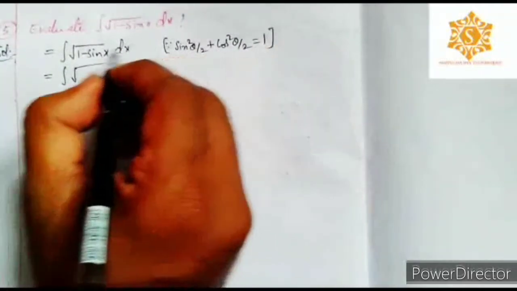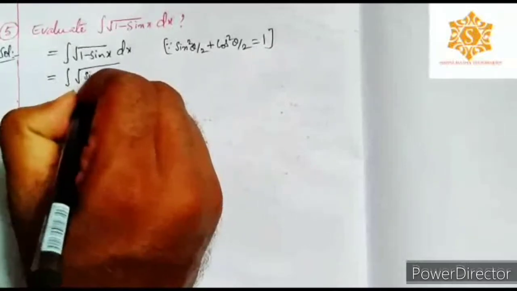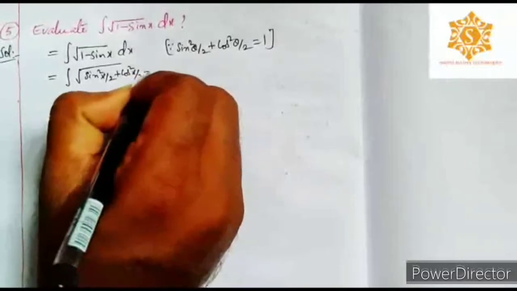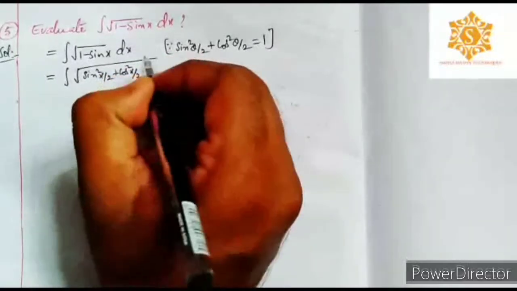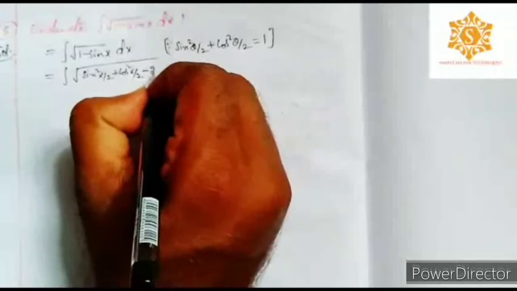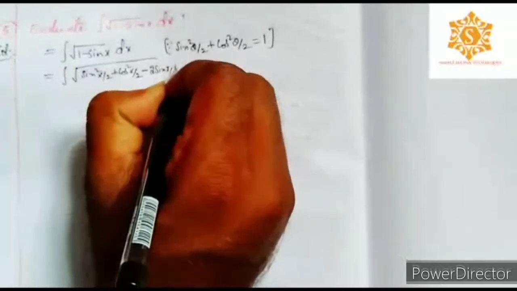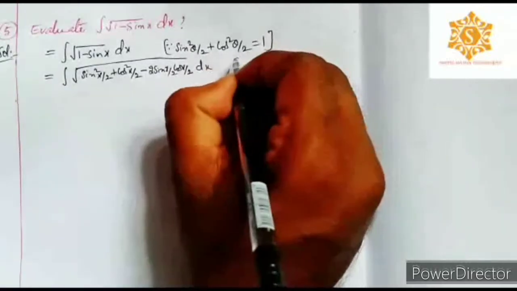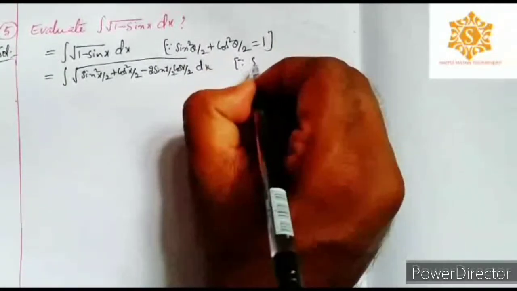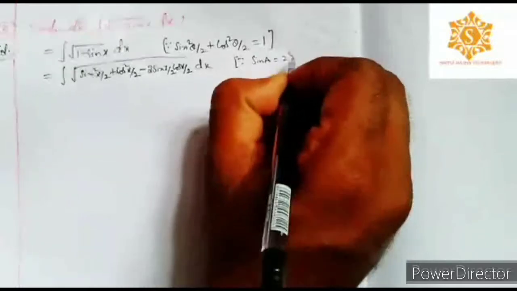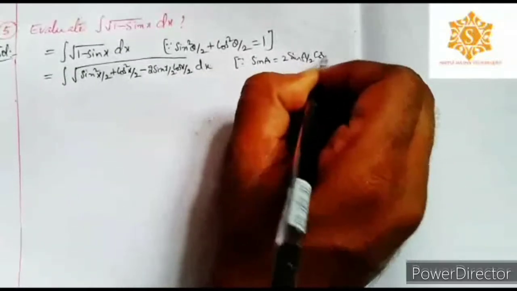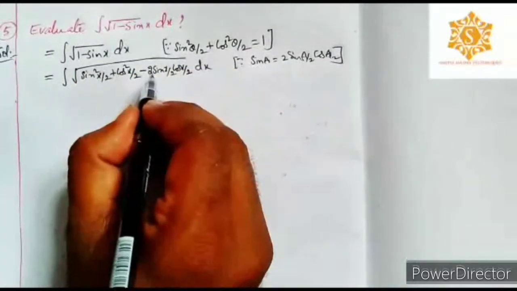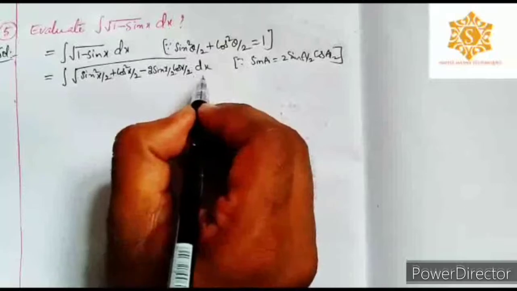So 1 you can write as sin square x by 2 plus cos square x by 2, minus sin x can be written as 2 sin x by 2 into cos x by 2 dx. Here we use the formula sin a equals 2 sin a by 2 into cos a by 2. Using this formula, sin x you can write as 2 sin x by 2 into cos x by 2.